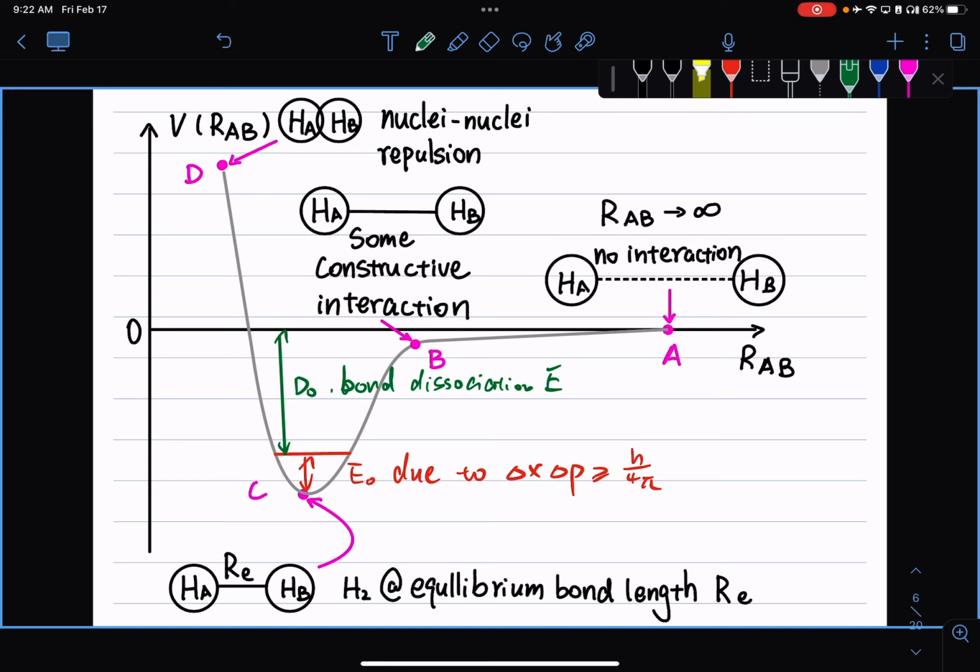And if you keep shrinking the distance between the two atoms, eventually you will face the position where the nuclei start to repel each other. How do you know where to draw your line? I'm not going to ask you to calculate what the zero-point energy is. You just need to know there exists a zero-point energy. We can never experimentally measure where that lowest point C is. And you need to know the physical meaning of these lines.